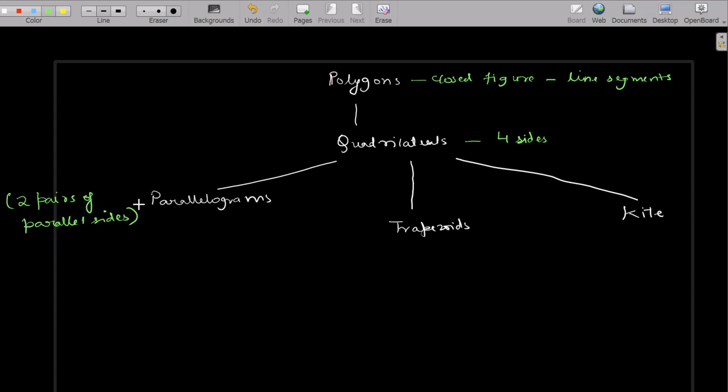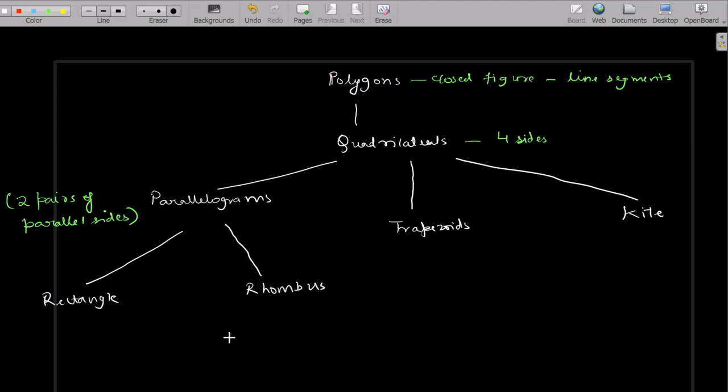Now in parallelograms we have two types that we have to do. First one is rectangle, so a rectangle is also a parallelogram. The other one is rhombus.